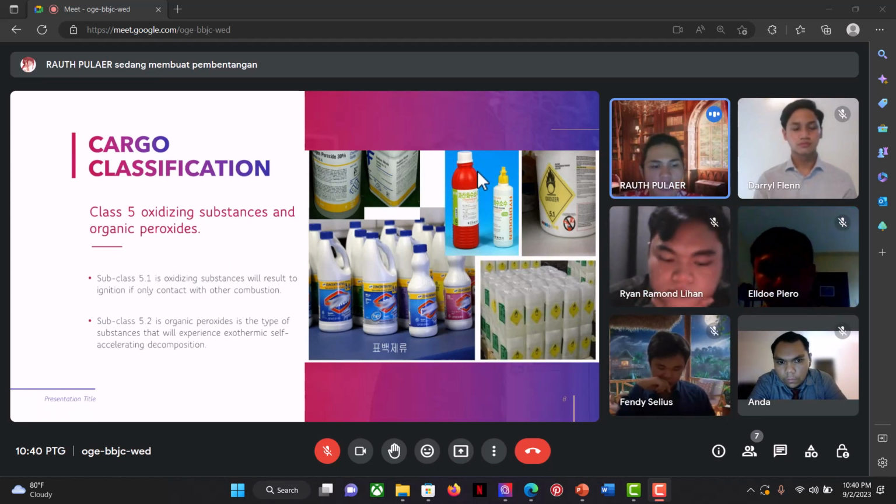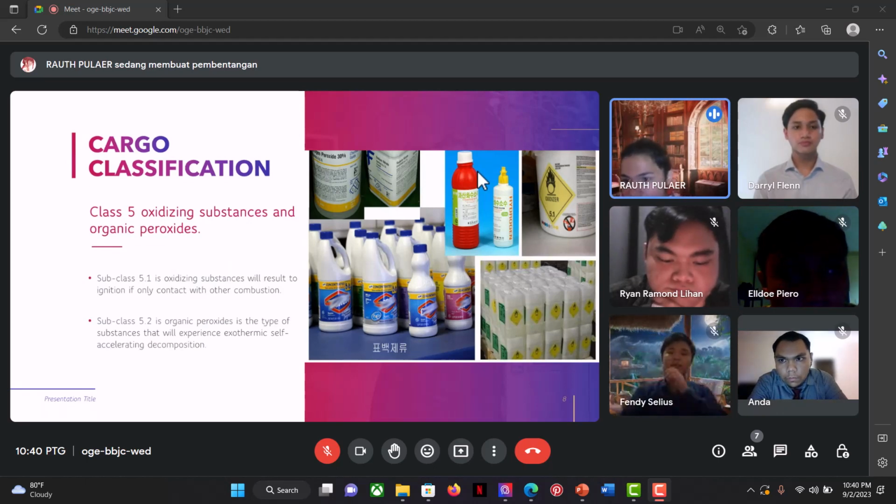Subclass 5.2 is organic peroxides, which is the type of substance that will experience exothermic self-accelerating decomposition. Products that can be included are bleach, as you can see in the picture, peroxides, fiberglass, and repair kits.